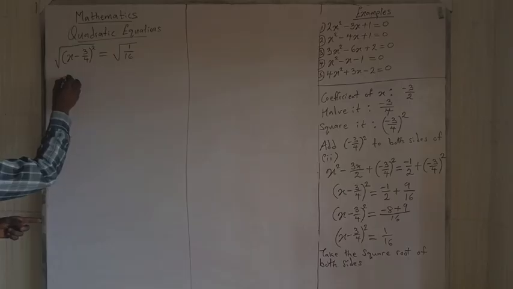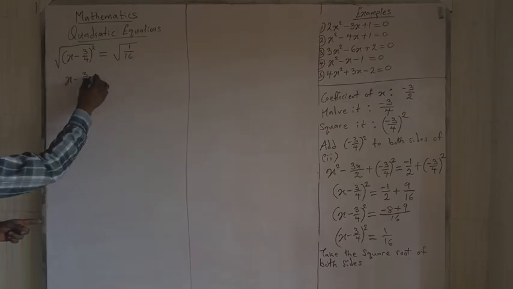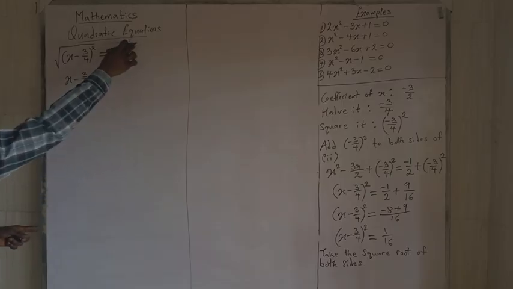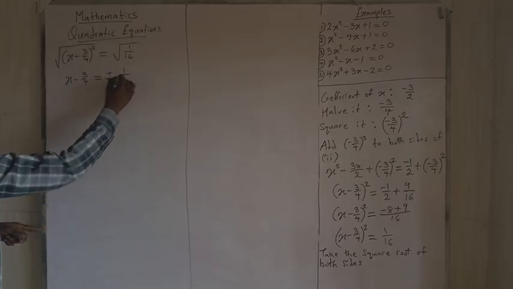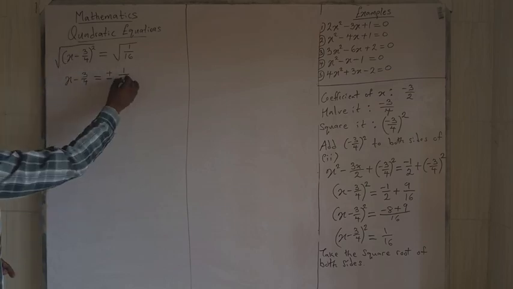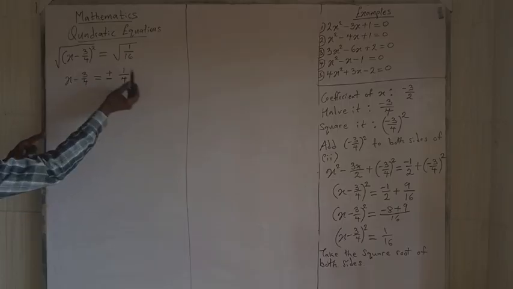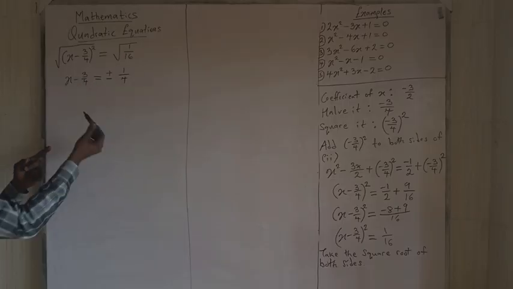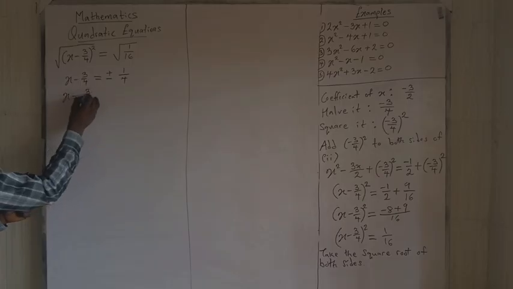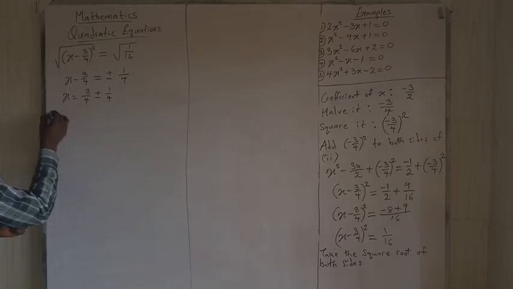So we have x minus 3 over 4 is equal to plus or minus. What is the square root of 1? 1. What is the square root of 16? That is 4. Now we are looking for x. Take minus 3 over 4 to the other side of the equation. This minus we change to plus. So we have x is equal to 3 over 4 plus or minus 1 over 4.